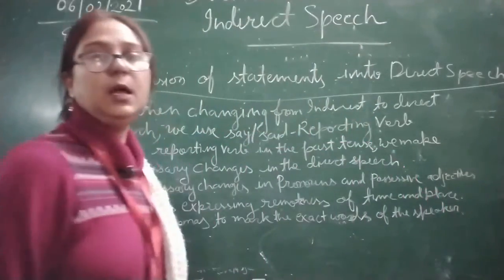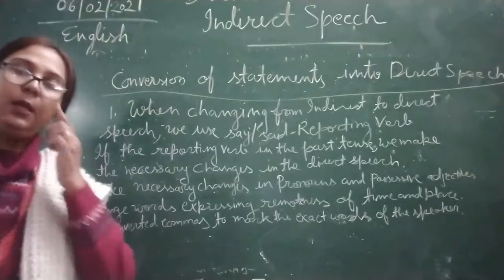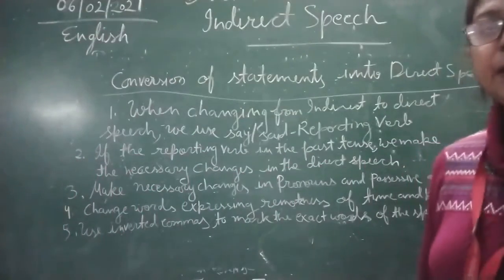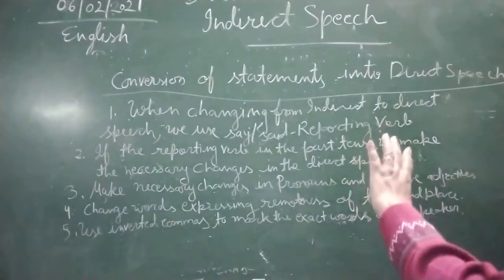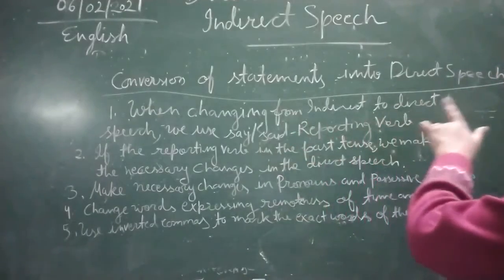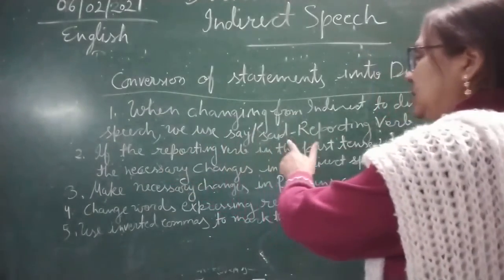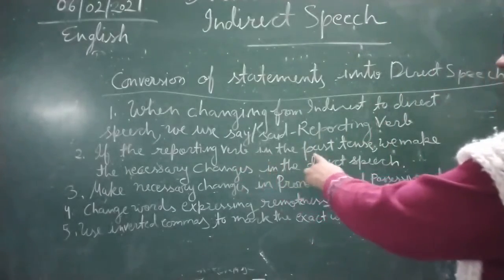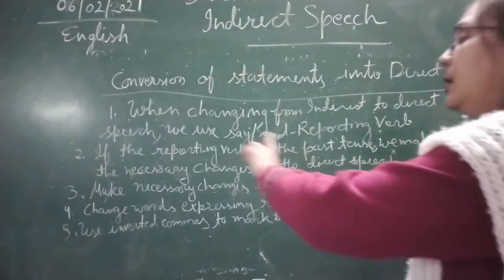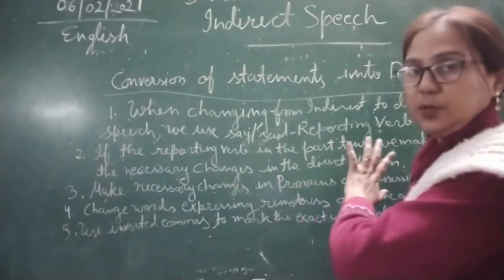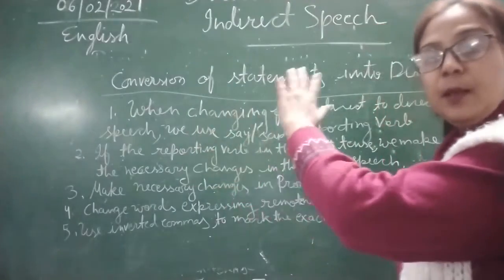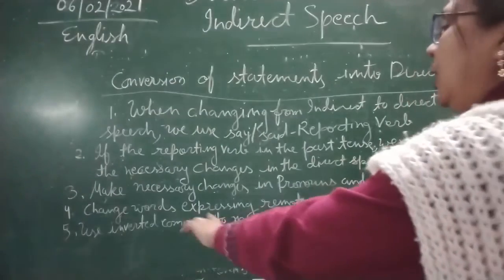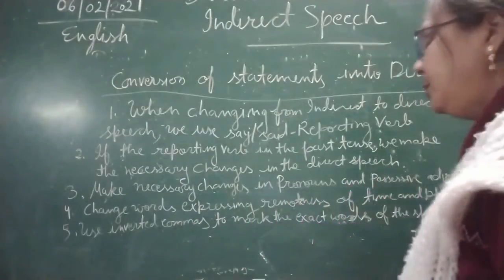Okay, children? Now, this is a very important thing that we should always remember whenever we are converting indirect to direct speech. So, when changing from indirect to direct speech, we use say and said as reporting verbs. Now, if the reporting verb is in the past tense, we make the necessary changes in the direct speech. Now, make necessary changes in pronouns and possessive adjectives.